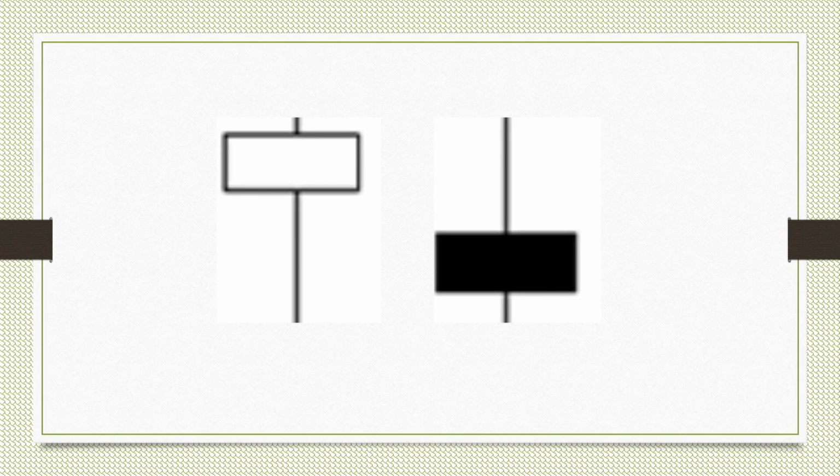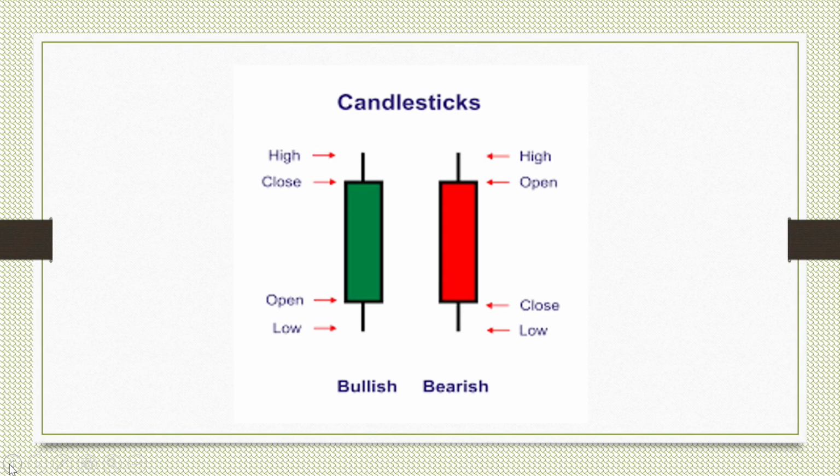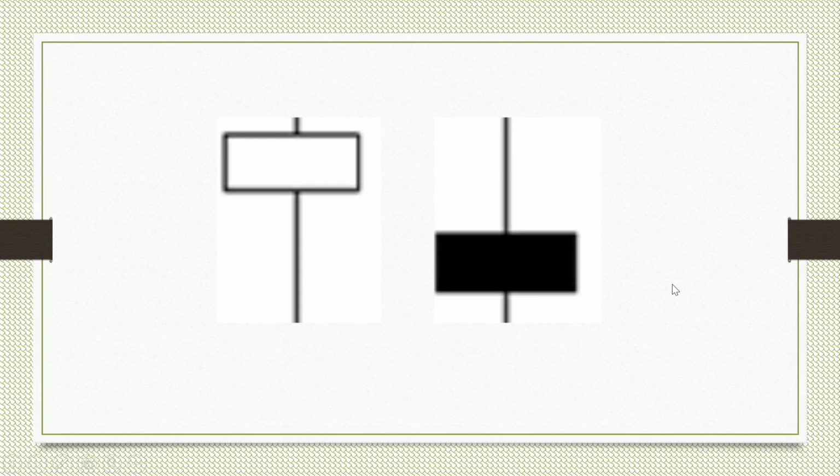If you take this candle, for instance, and this candle, we say the other candle has more momentum than this candle because it has a lot of space in between it.